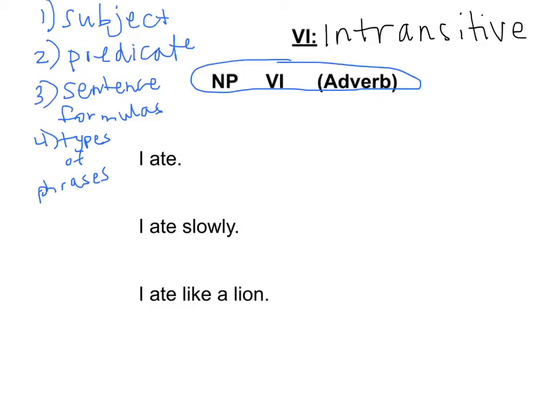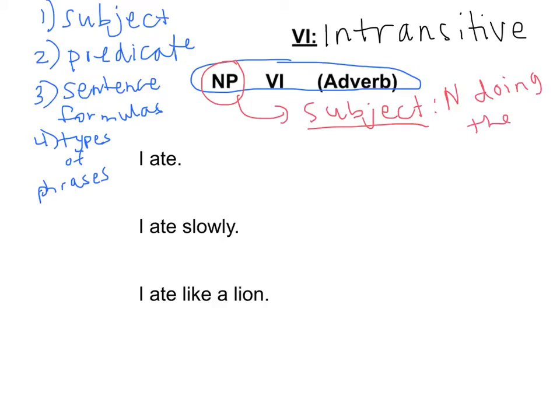So, in an intransitive verb sentence, we are always going to begin with our noun phrase. And our noun phrase is going to be our subject. Okay, for every single sentence, the subject is the noun doing the action.